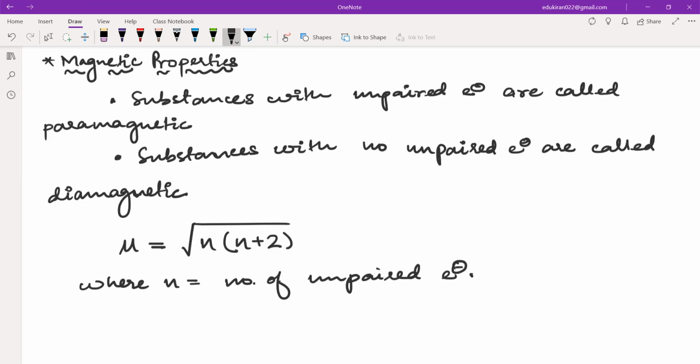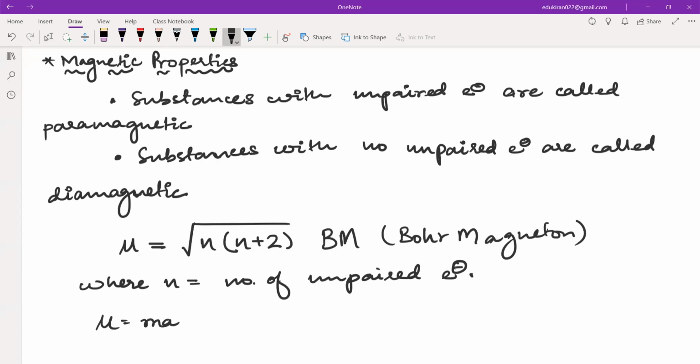And this will be in the unit Bm, which is known as Bohr magneton. I hope some of you remember this from 11th standard, electronic configuration, atomic structure. Write this down, then we will give you some questions to calculate the magnetic character and the magnetic moments of different elements. Mu is the magnetic moment.